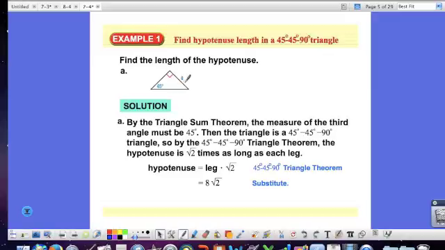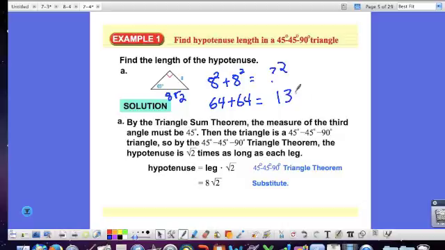So I don't have to do 8 squared plus 8 squared equals what squared? I don't have to do all of that. I just know that this is going to be 8 radical 2. If you want to see that this works, 8 squared plus 8 squared is 64 plus 64, which is 128.